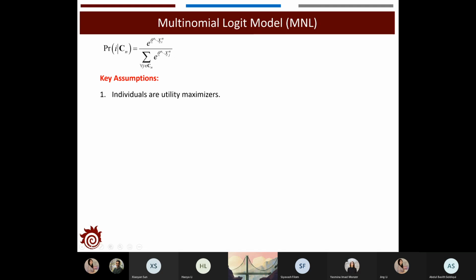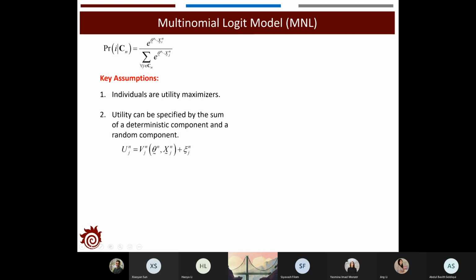Also, the utility is a random variable. It has a deterministic component and also a random component. So Uj equals Vj, the deterministic component, plus epsilon j, the random component.